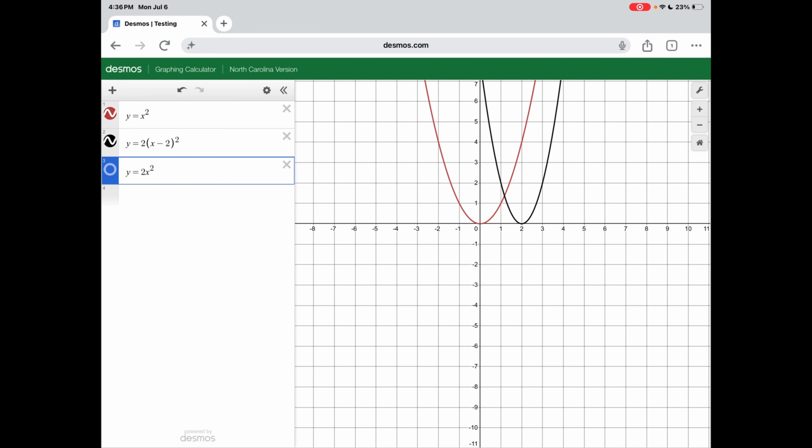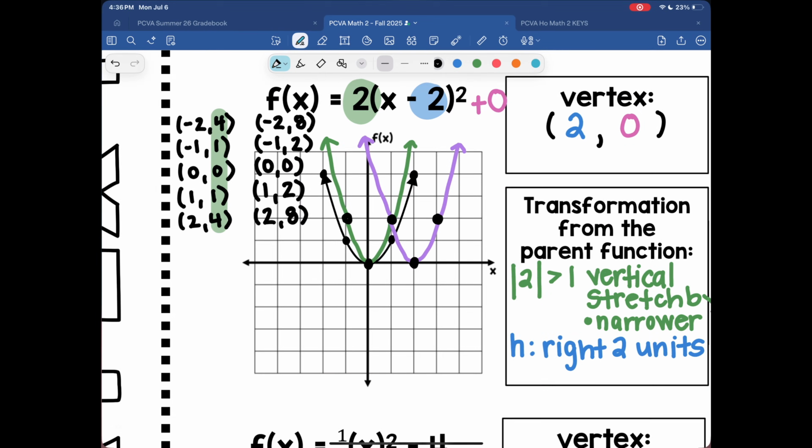So I think I had that one in green. In green, I multiplied the original y values by 2. Then I shifted it with the vertex, and that shifted to the right 2 units. So I can always check those if I want to in Desmos.